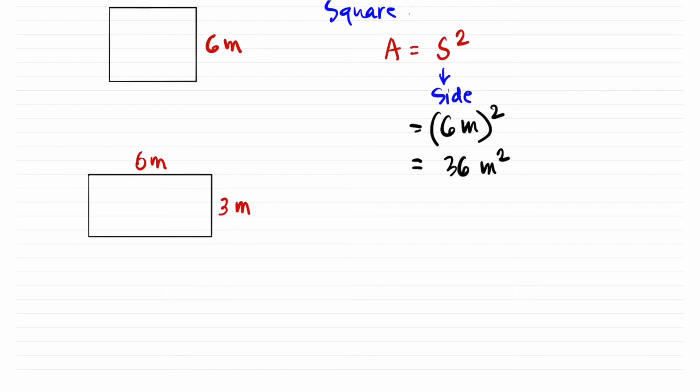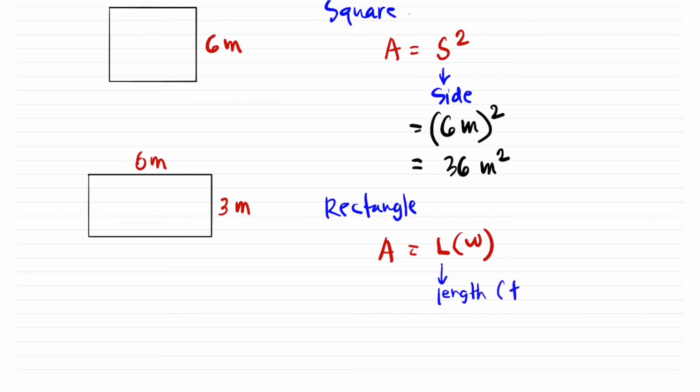For a rectangle, the formula is area is equal to length times width. Here this is the length, the longest side, and this one here is the width, the shorter side.